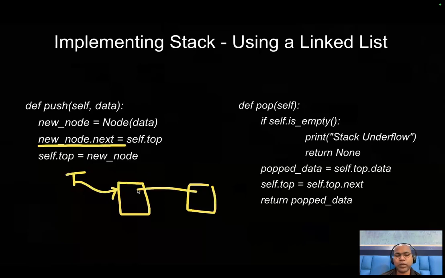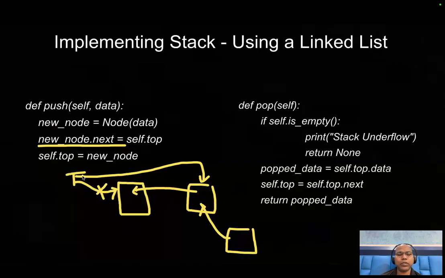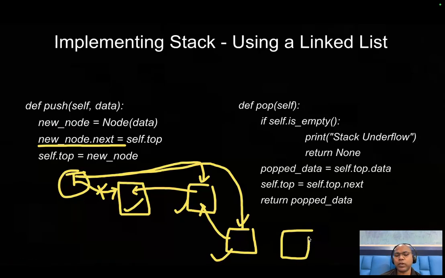So here next is equal to this, and the top is now this one. Again a new element comes: new element dot next equals top, and now this becomes the top. So whenever someone says start, this is the first element, then the new element goes here, becomes the top, and this is the next element. So in the linked list, the latest element becomes the top while implementing.